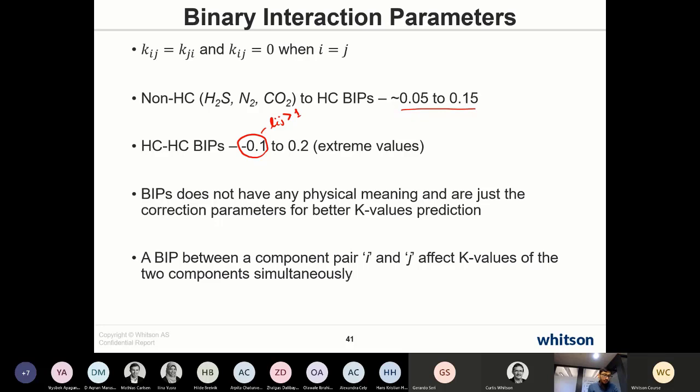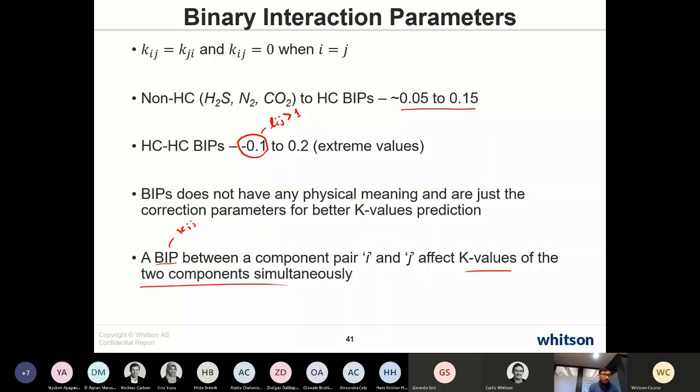And one important comment: because the binary interaction parameter, that's again Kij, is one coefficient between two components, it affects the K values of the two components simultaneously.